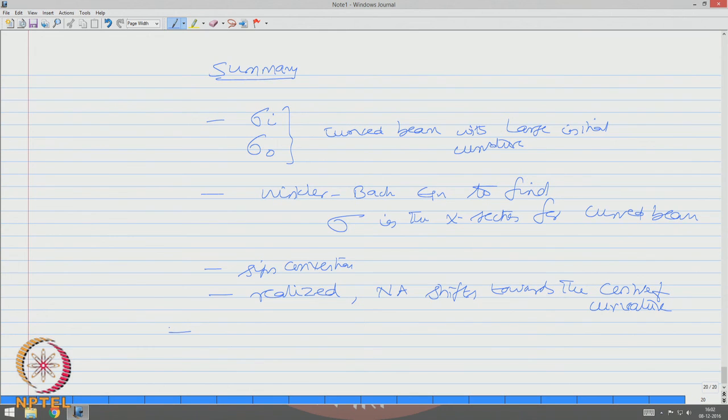We have also understood that the neutral axis and the centroidal axis will not coincide for curved beams with large initial curvature.